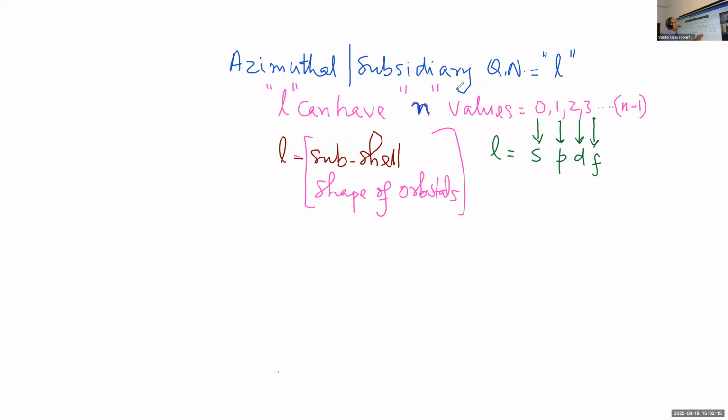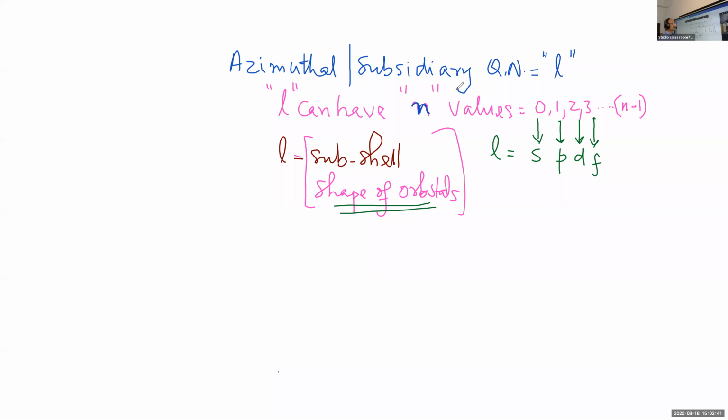The orbital in the S subshell is known as the S orbital and it is spherical. That is why I told you it gives an idea regarding the shape of the orbital also. So S is spherical, P is dumbbell, then D is double dumbbell, etc.